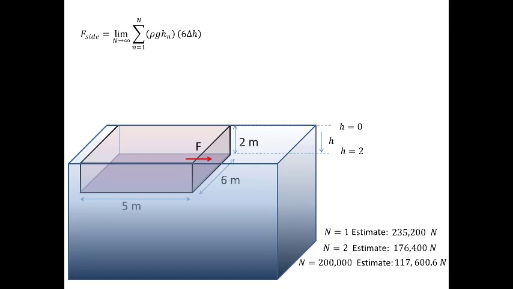So based on the summation definition of the integral, we can actually change this into an integral. So we get that delta h transfers into the dh, the middle part just transfers to the same thing, rho times g times h times 6, except now that h sub n, which is a discrete h, becomes a continuous h.